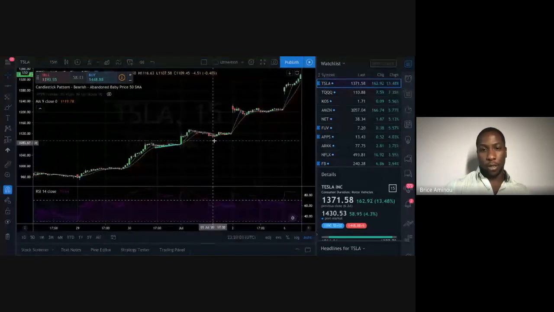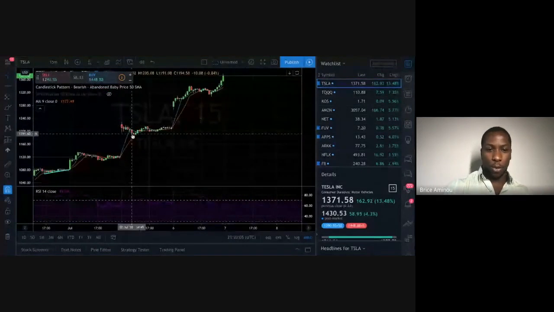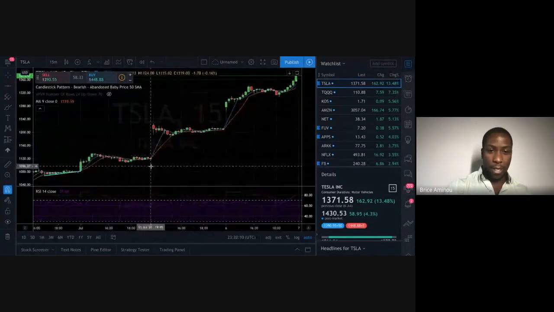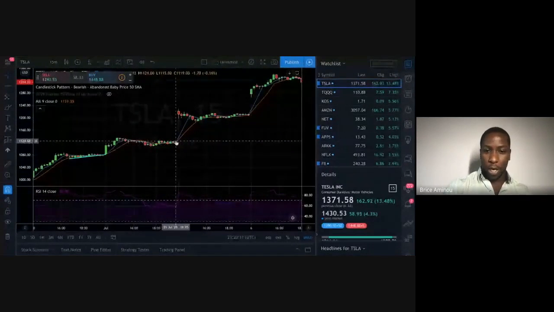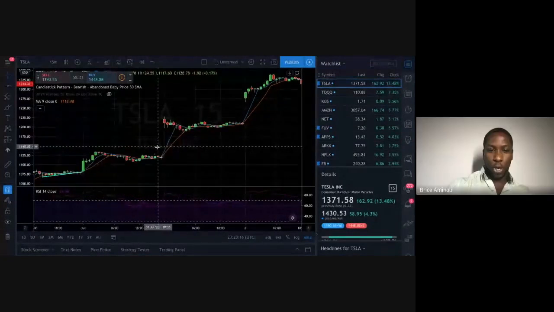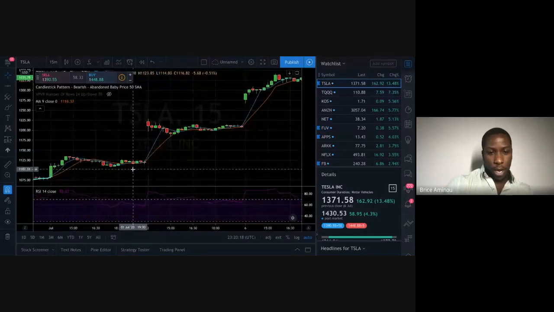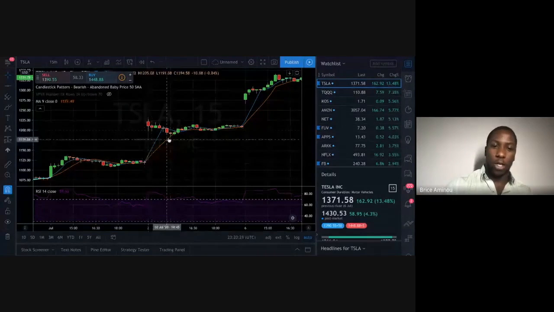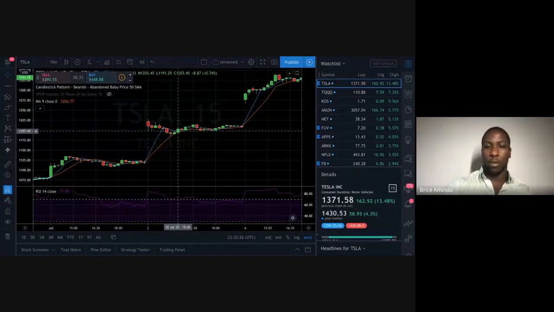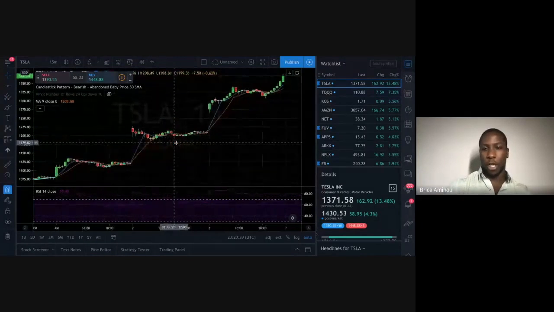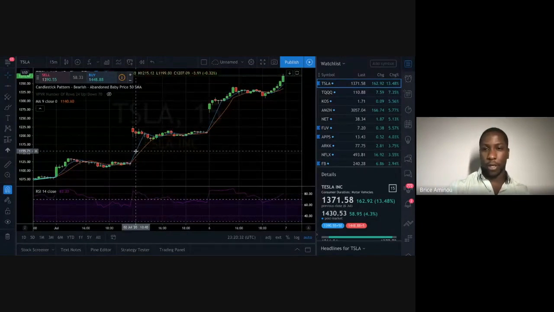So for instance, at this stage, if I had to enter at this point, I would put my stop loss right there, at the lowest point. And if I expect it to go higher eventually, then it's good. And when it's up, I'm putting my trailing stop loss to exit. But otherwise, if you keep it for long, you just leave it there and let it go.